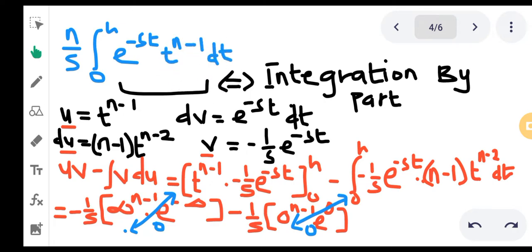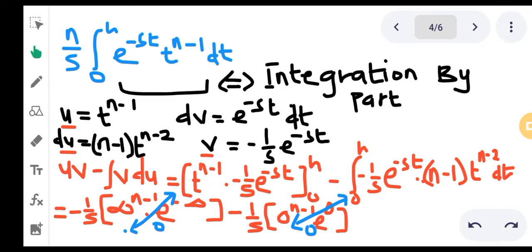When I ask you to write the Laplace transform of t exponent n minus 1, you just write the integral from 0 to infinity of e exponent minus st times the function. So this is the Laplace transform of t exponent n minus 1.